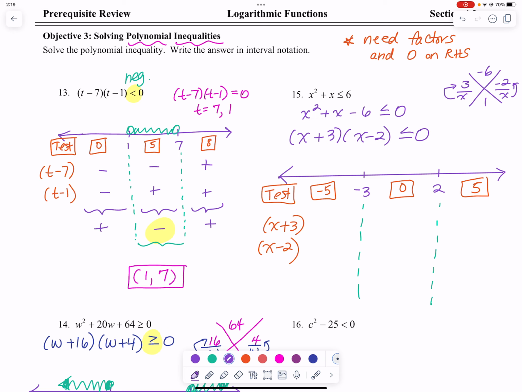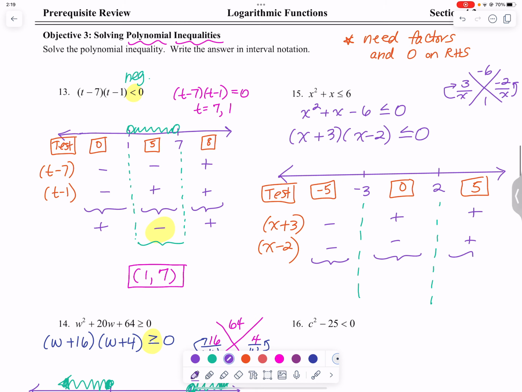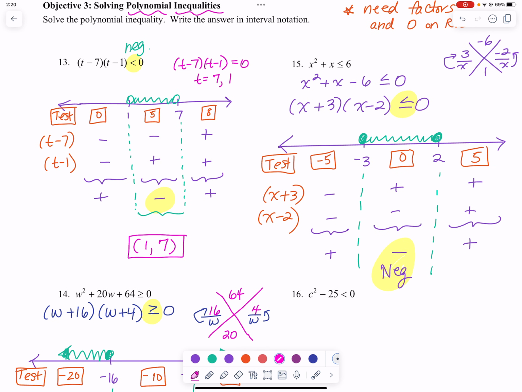Filling in our chart, plugging in a -5, plugging in a 0, and plugging in a positive 5. And here, as you can see, we are looking for negatives. And we also want to include our boundary values. So here, we would want -3, everything larger, and also to include a positive 2. So that solution is -3 to positive 2.